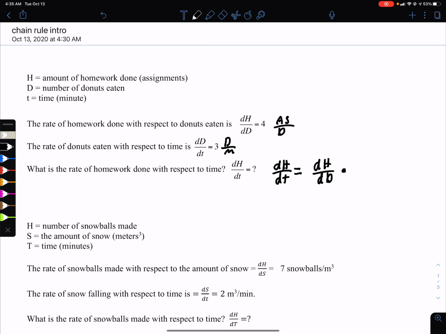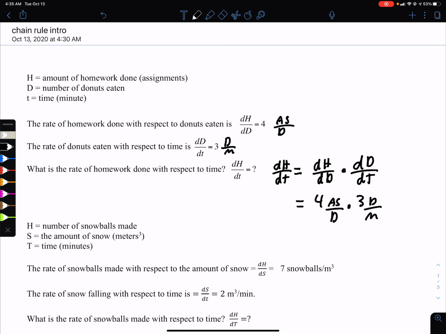And we multiply that by dD/dt, and that's how many donuts you eat with respect to time. So logically, if I do 4 assignments per donut, and I can eat 3 donuts per minute, that's pretty fast. You guys are eating fast.